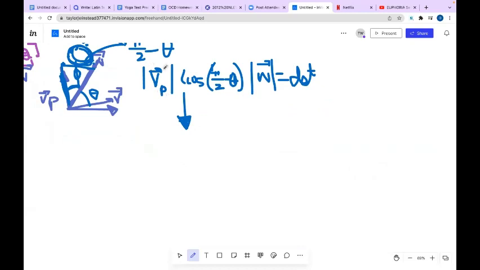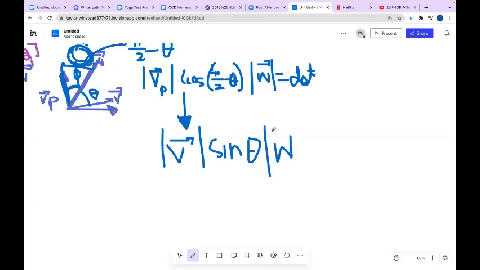Because the length of V perpendicular is going to be the same thing as the length of V, because we're just dealing with length. We're not dealing with angle or where it is in space. So we can say length of V. And what's cosine of pi over 2 minus theta? Well, that's just going to be sine of theta. We know this from trigonometry. If you have not covered that in trig yet, it's just a rule.